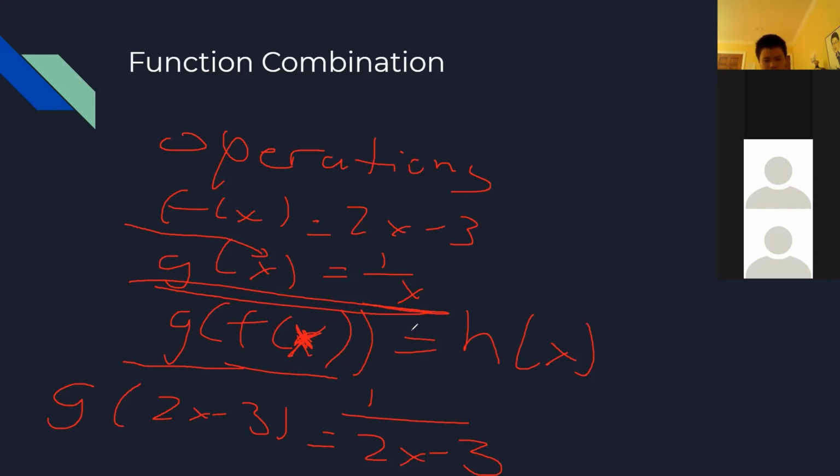Now a few things. First off, g can't have an input of 0, and thus 2x minus 3 can't result in 0 because f(x) is going into g(x), so x cannot be 1.5, which would result in f(x) being 0.